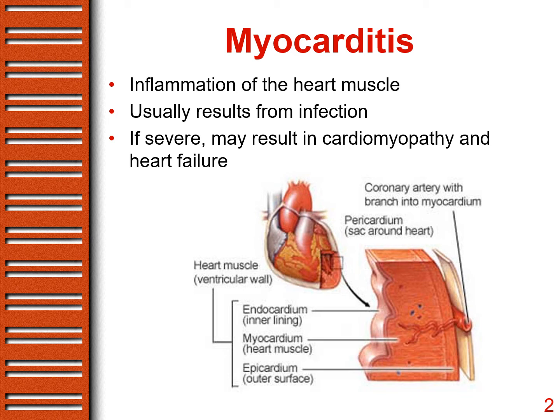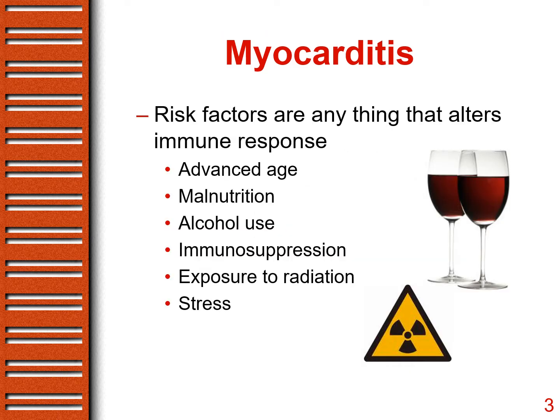Chest pain may also be present. Any factor that alters the immune response, such as advanced age, malnutrition, alcohol use, immunosuppression, exposure to radiation, and stress, increase the risk for myocarditis.